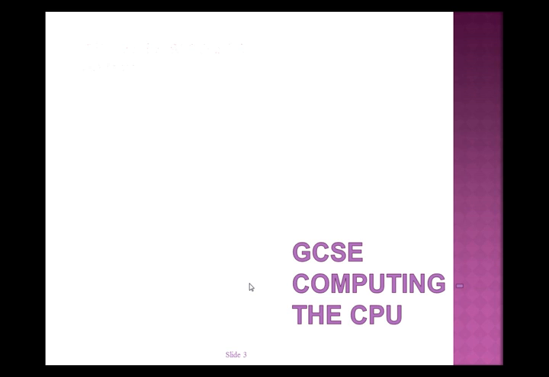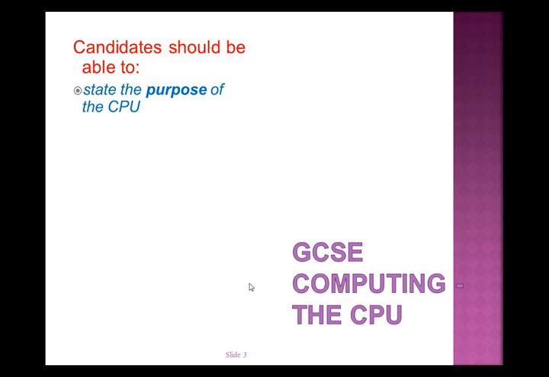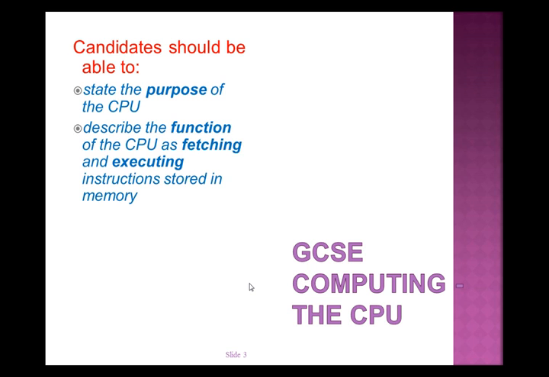This is understanding the modern processor. Now candidates, that is students, should be able to, after learning this, state the purpose of the CPU. That is, what is the purpose of the CPU, why we are using the CPU, or what is the main target of knowing the CPU.